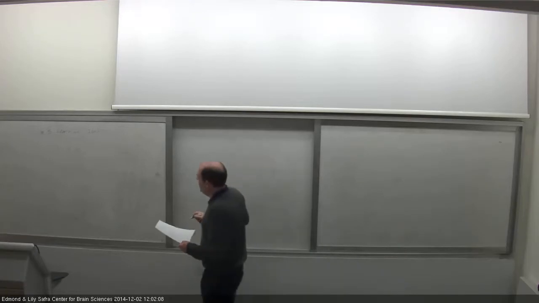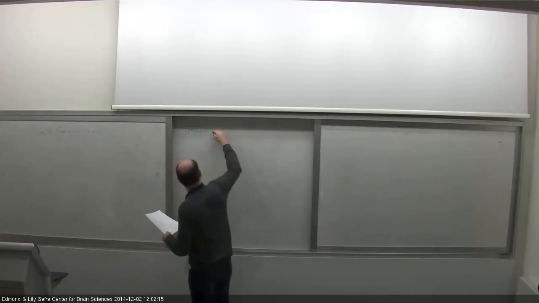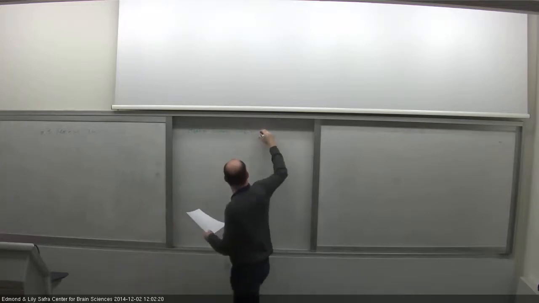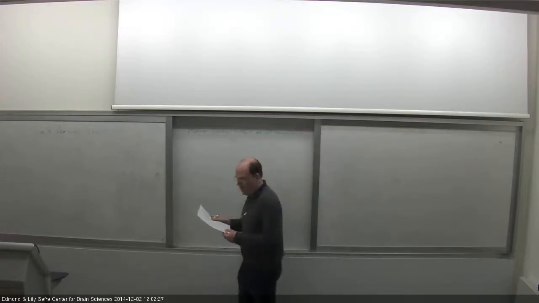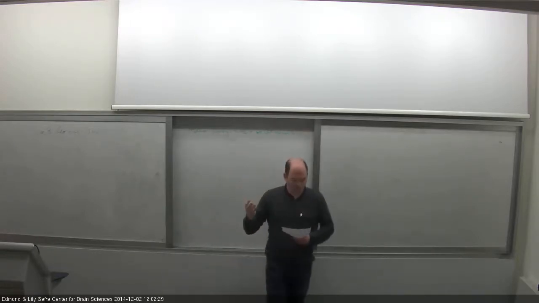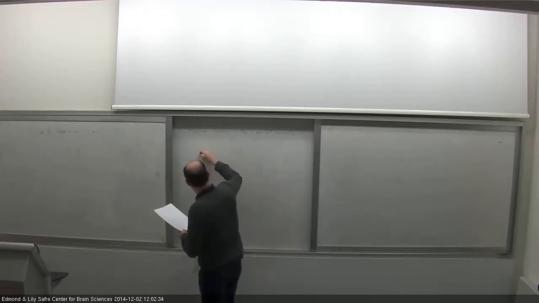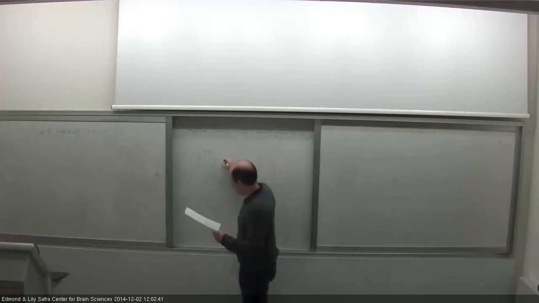And let me write it down. So I imagine that after a presentation of one stimulus, the weights are related to the weights before the presentation of the stimulus by the following relationship.